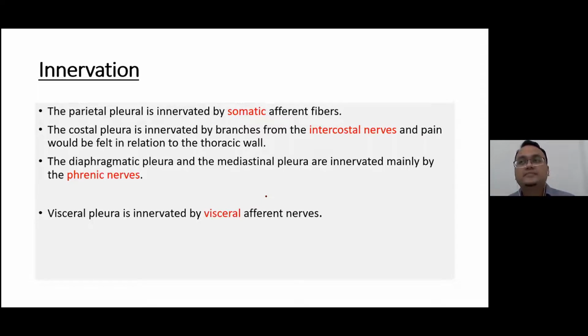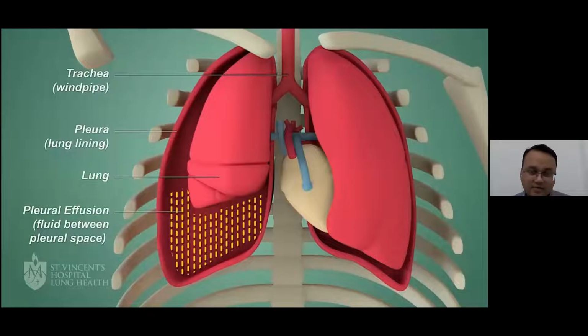It is the sensation of stretch that is going to be noted, but not so much pain. But the one by the parietal pleura is a somatic one. Okay, right. So I think this is all about the pleura.